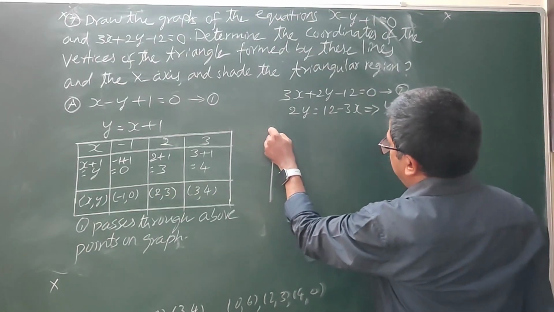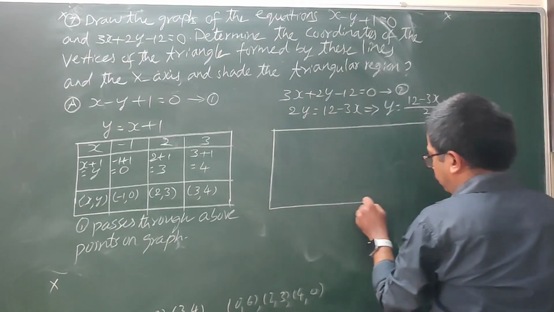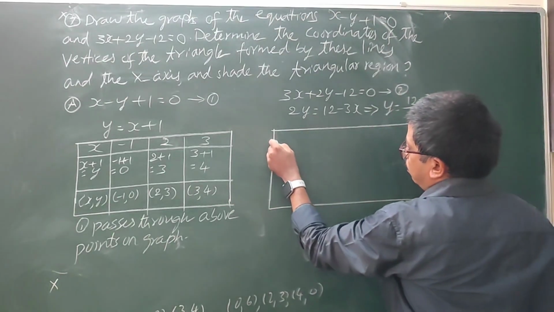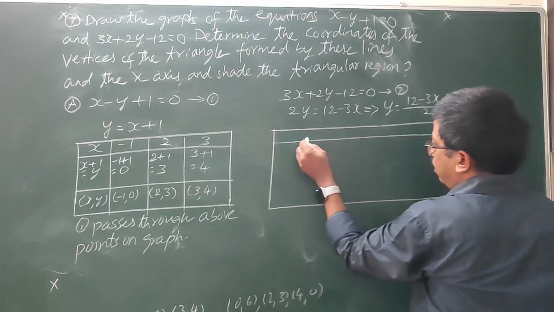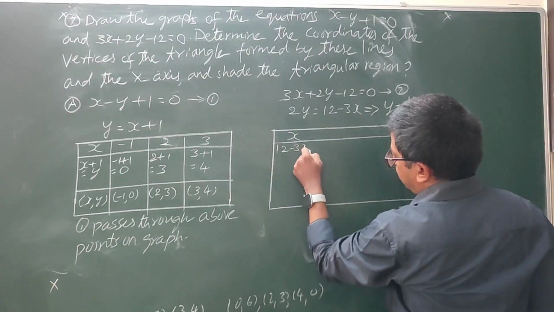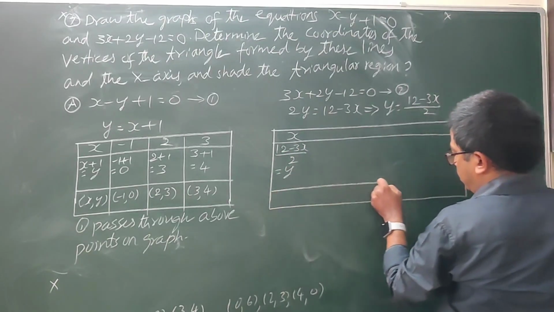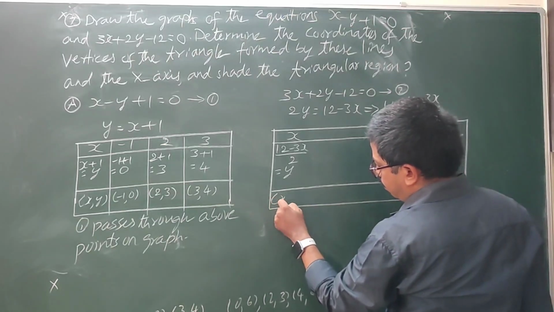Let me plot, let me find points. So it is x, it is 12 minus 3x by 2, which is equal to y, and it is x comma y.